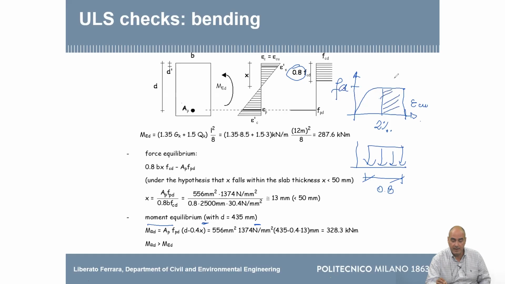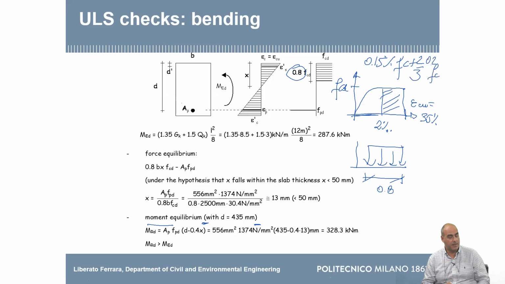This area here is 0.15 fc, because this is, let's say, 3.5 per mil, plus 2/3 of 0.2 fc. 2/3 of 0.2, how much is that?